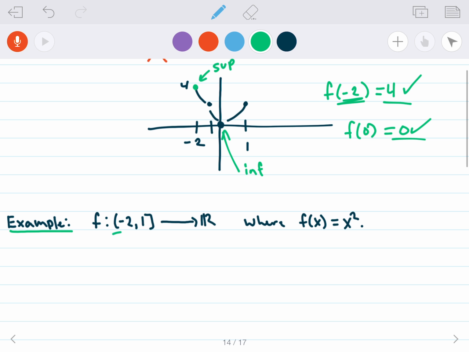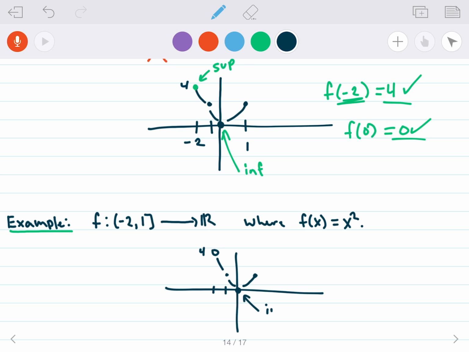Okay, but here, not, because we have an open interval from -2 to 1, and if we look at the same picture, so here's -2, this is going to be 4, but with an open circle because we're not including -2 in our set. Okay, and so here's 1, here's 0, and then here's 1 again. So here is my picture again.